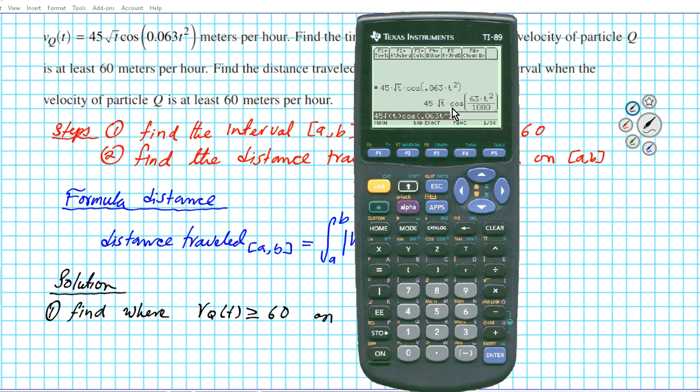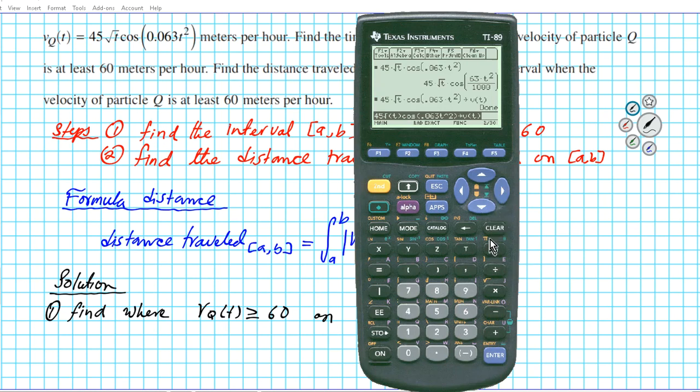So 45 over t cosine 0.063 t squared. Okay, so I'm going to store it. So you see your store button right there. So I'm going to store it in v of t. So store in v of t. So alpha v, where is v, where are you? Right here, v of t. Okay, done.